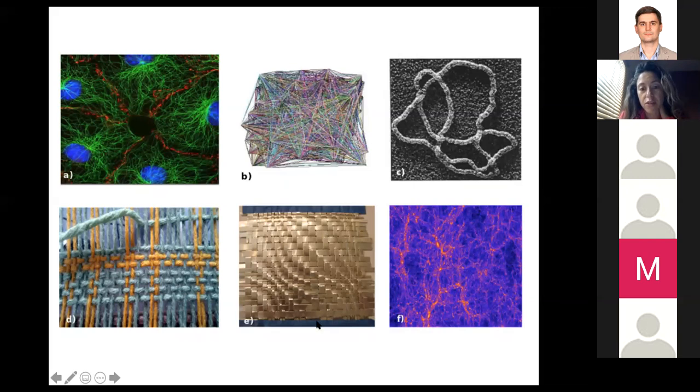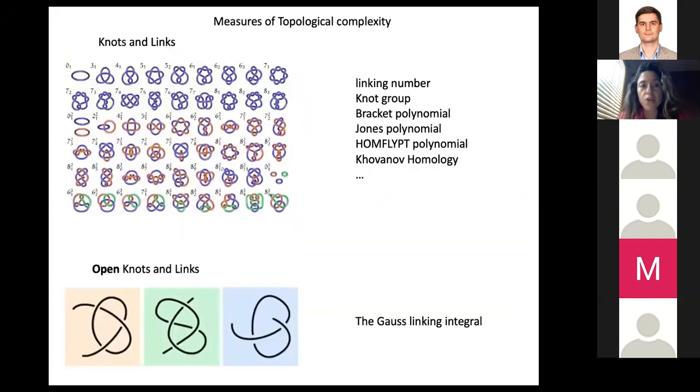So if you have this woven metallic structure, it can hold a lot of load, and similarly, as I explained, for the cell and DNA. So the first approach to understand the fundamental theory behind and understand the function of these materials is to be able to measure entanglement in those systems. So it is natural to look in knot theory for measures of topological complexity.